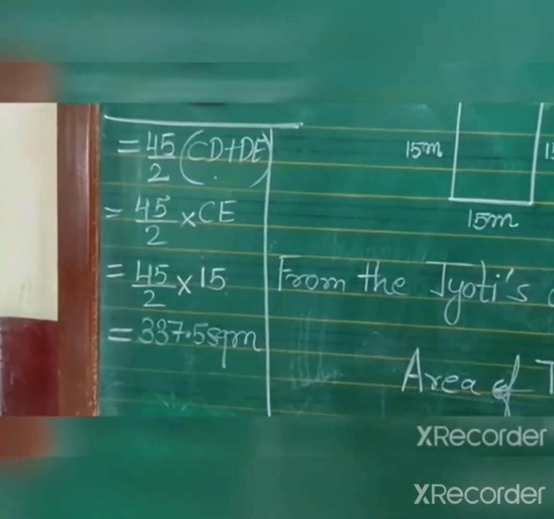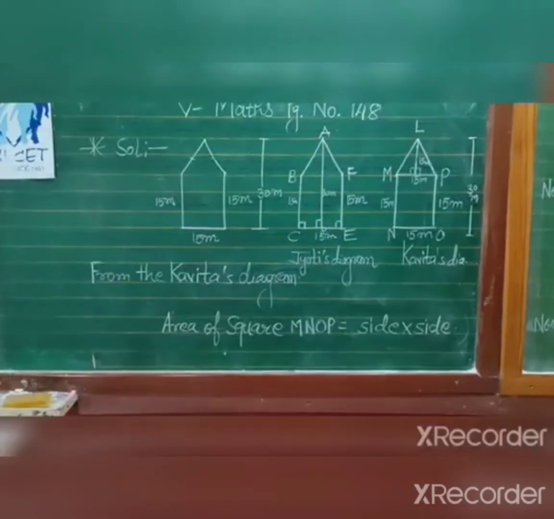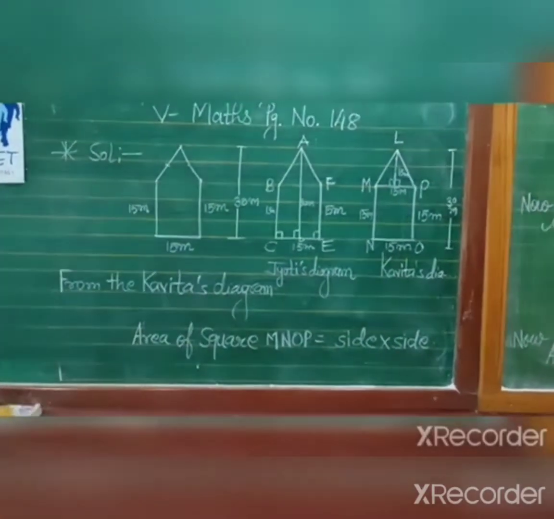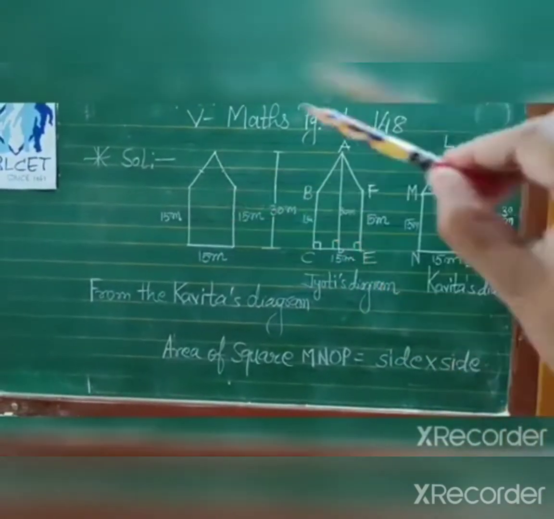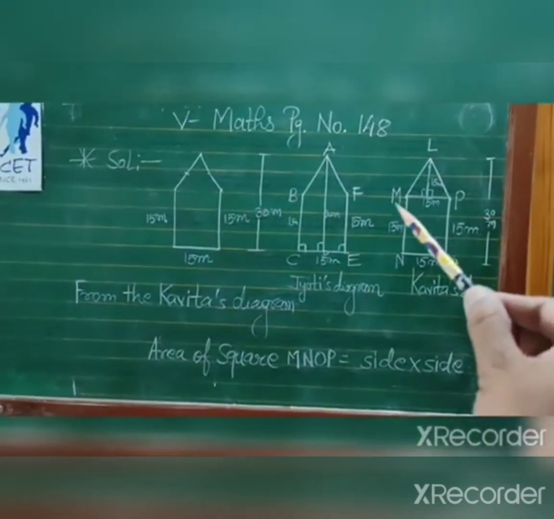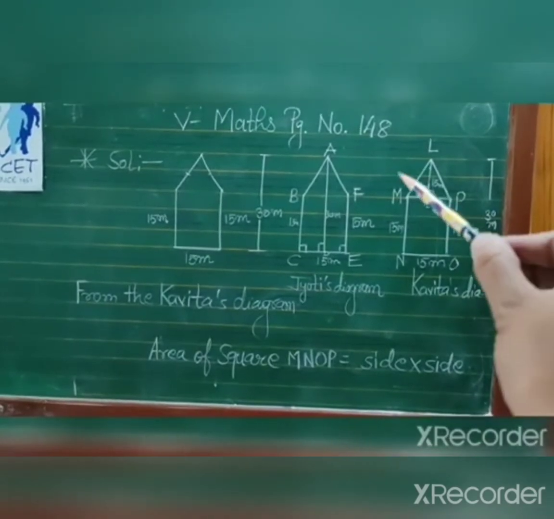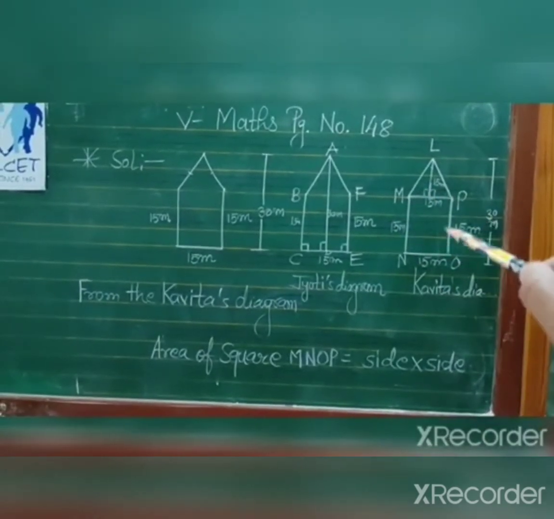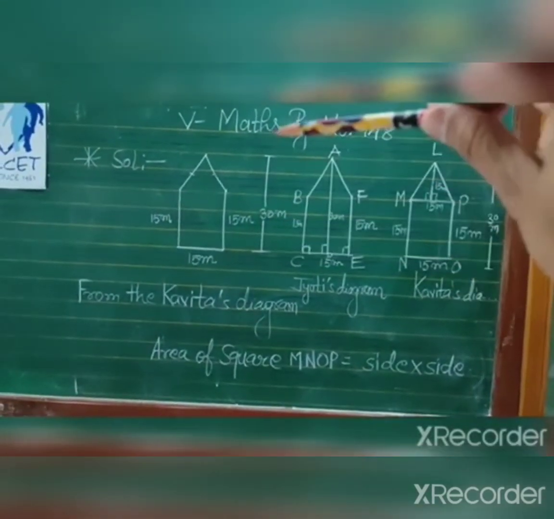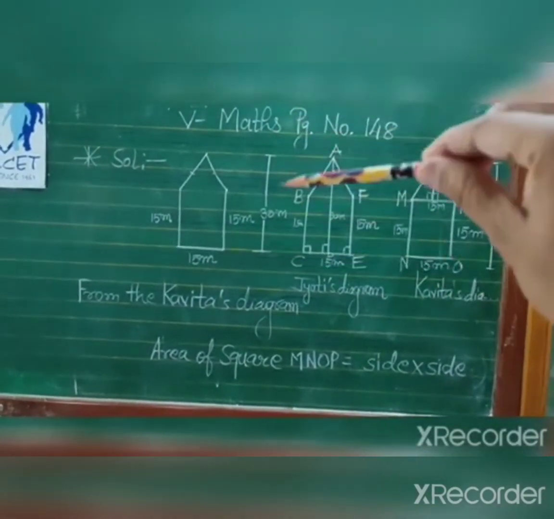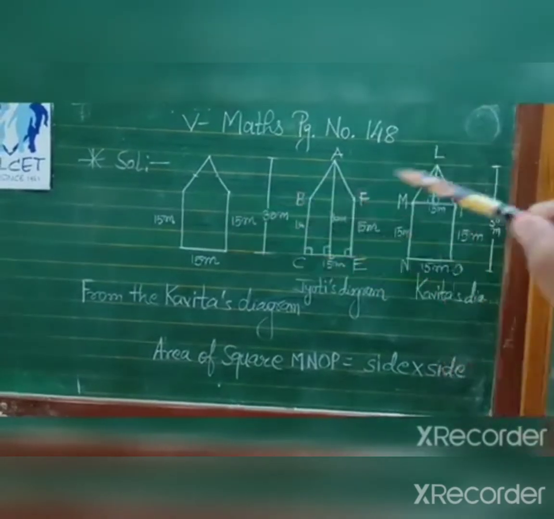Now Kavita's diagram we will calculate. According to Kavita's diagram, you can see we are getting a square. 15 meter is given, 15 meter is given. When you join M to P, you will get 15 meter. So opposite all sides are equal, that means a square shape we are getting. From here to here the length is 30 meter and this is 15 meter.